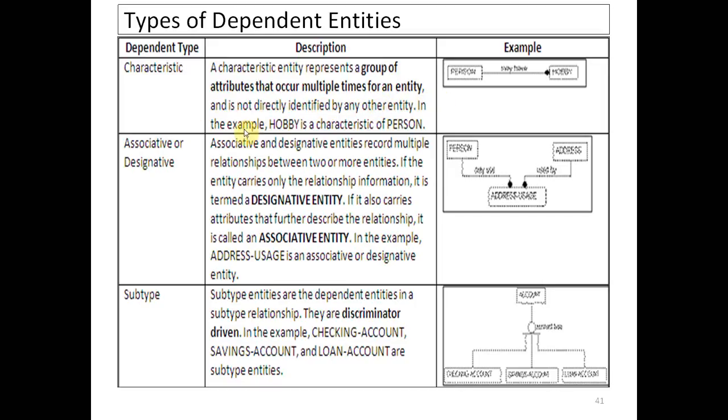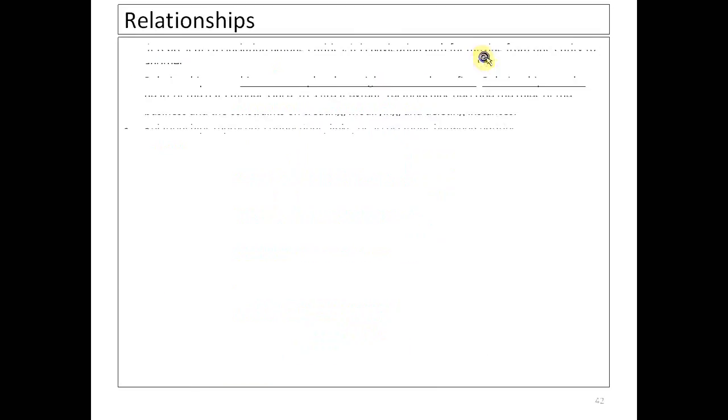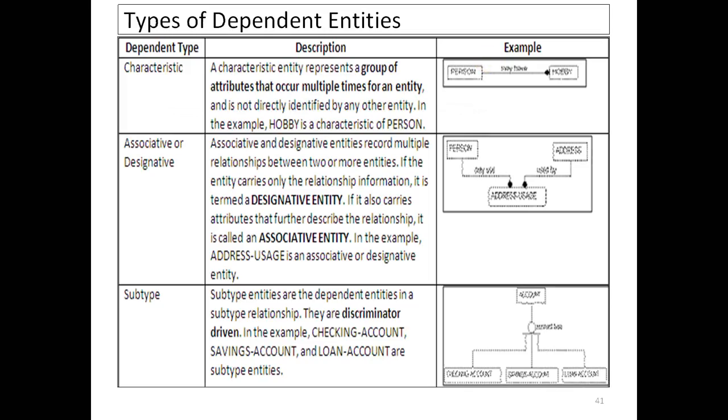For example, a person may have multiple hobbies. So the hobbies can be taken in another entity and thereafter related to the original person to whom those hobbies belong. So the person entity will have only one instance, while hobby will have multiple instances belonging to the same person in the person entity.